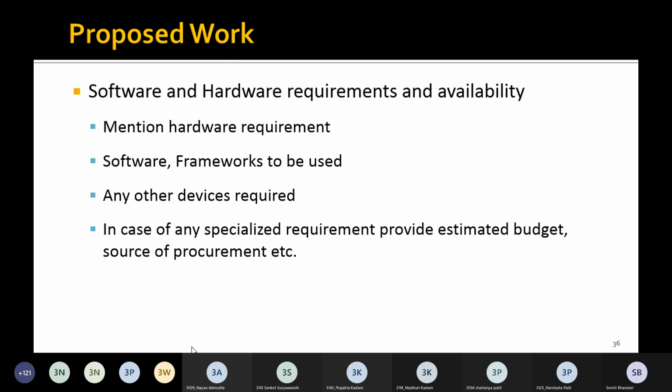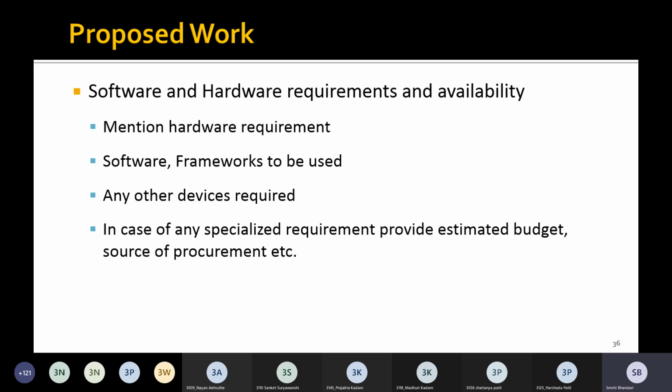In the next part, under proposed work, we should provide the hardware and software requirements. Under software and hardware requirements and availability, we are supposed to mention whatever hardware is required to implement the project.